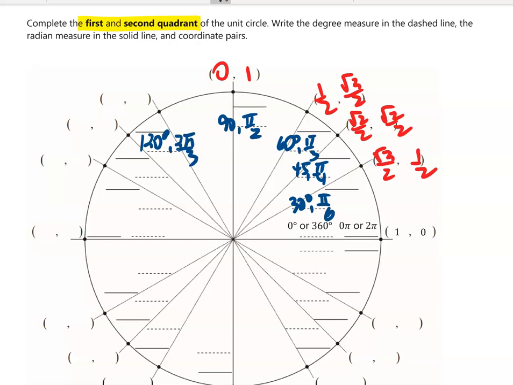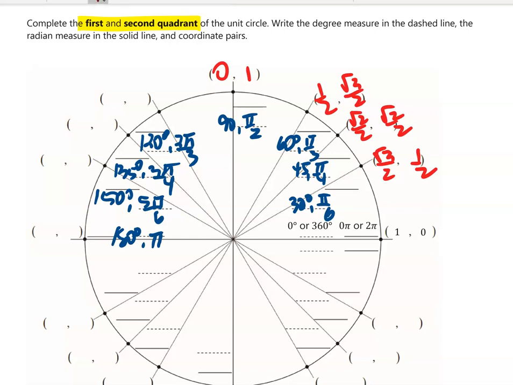Next one, we have 135 and 3 pi over 4. Next one, we have 150 and 5 pi over 6. And this one is 180 degrees and pi.